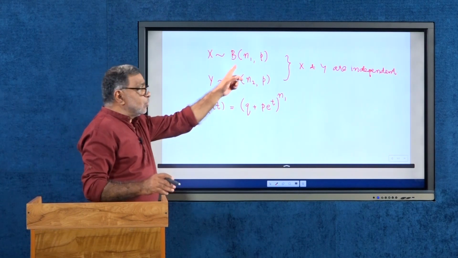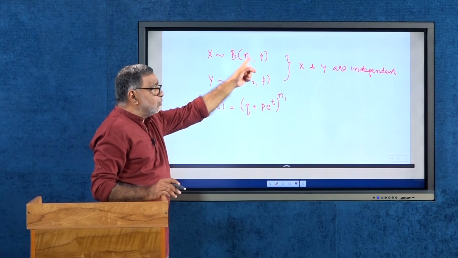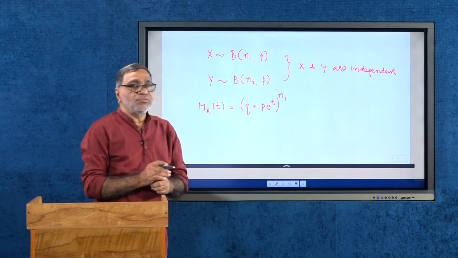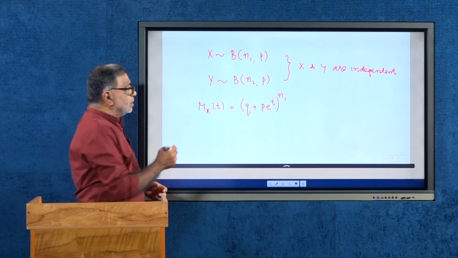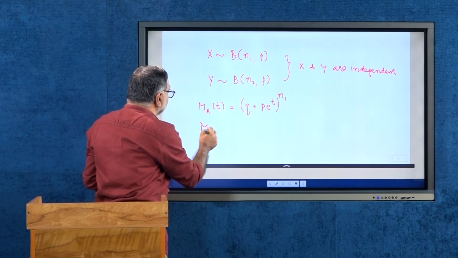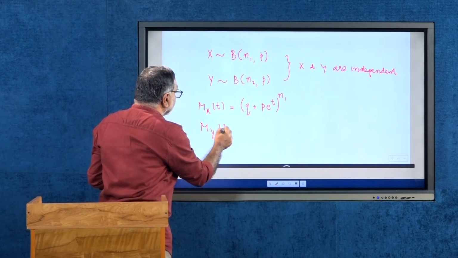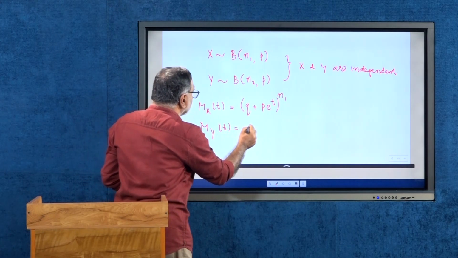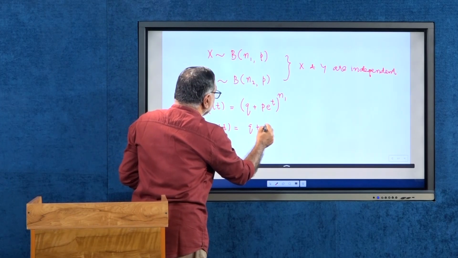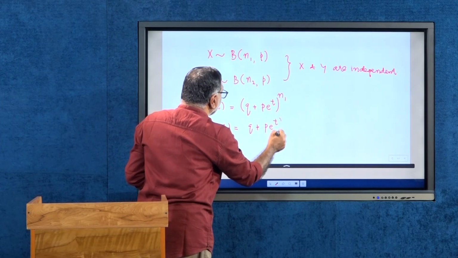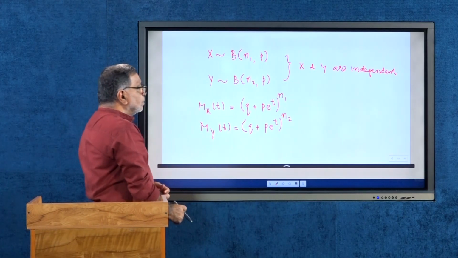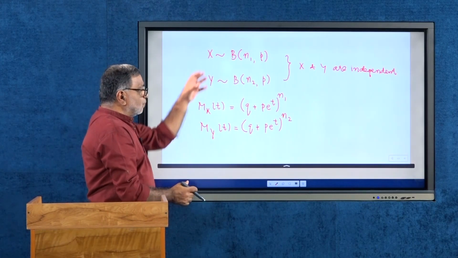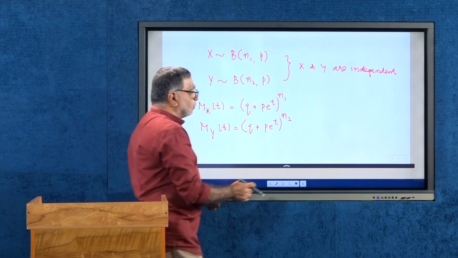Since x is a binomial random variable with parameters n1 and p, the moment generating function is q plus p e power t all power n1. Similarly, the moment generating function of y is equal to q plus p e power t all power n2. These are the moment generating functions of these two binomial random variables.